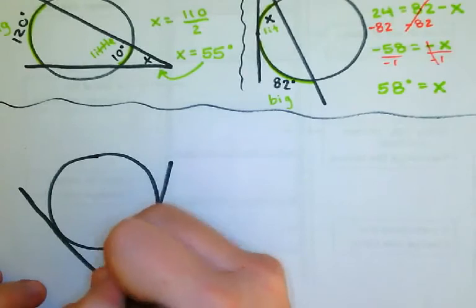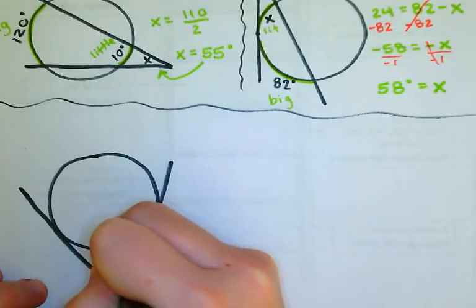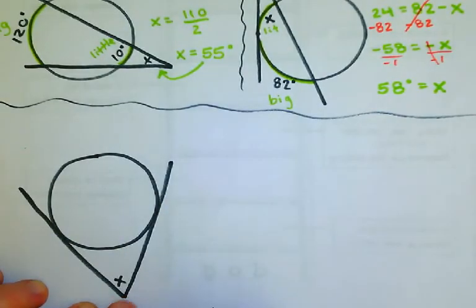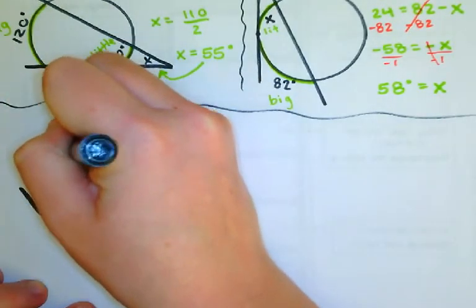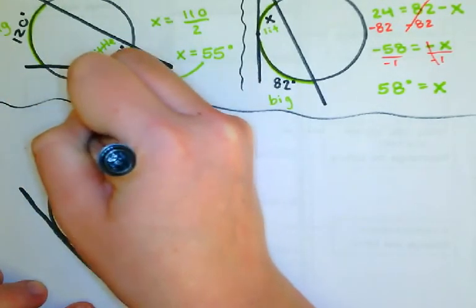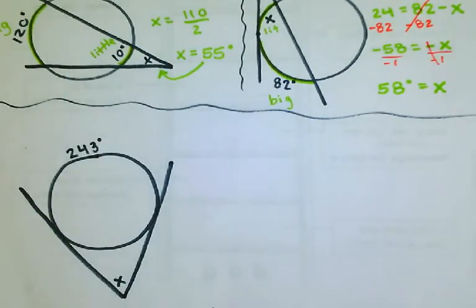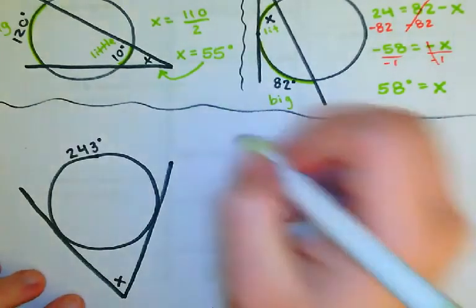Alright? We're going to be looking for this angle x, and we know that this out here is 243 degrees. That's all we know. Alright? So, let's see if we can set up our equation with what we know right now. Okay, what is our angle? X.